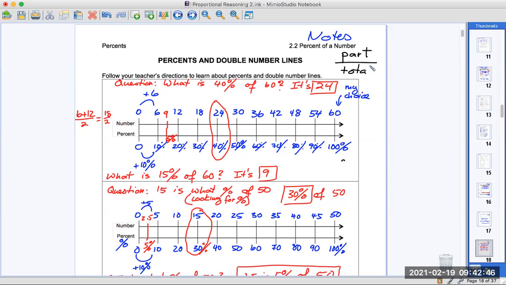The total being usually the bigger number. All right, part over total. So here the part is 24 over the total is 60. And then that's equal to the percent over 100. The percent is always over 100. So that would be an equation, or they call it equivalent ratios later on.